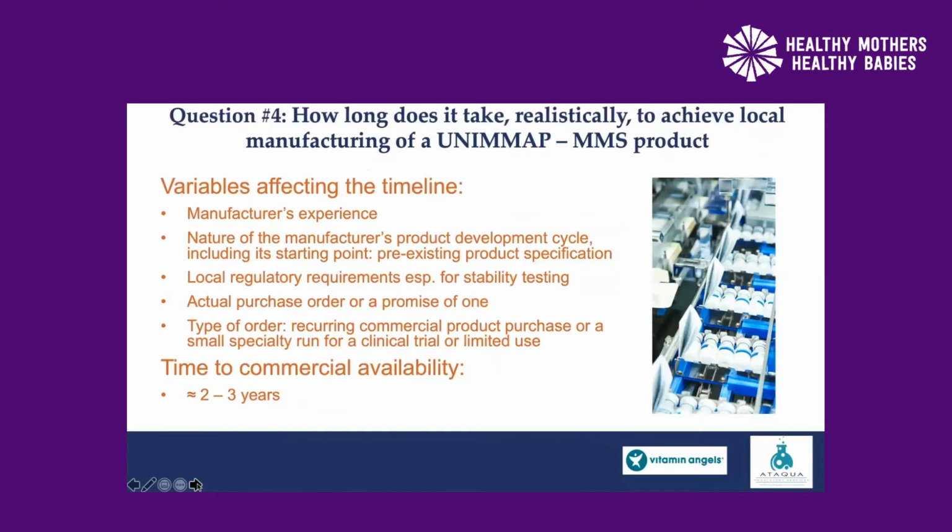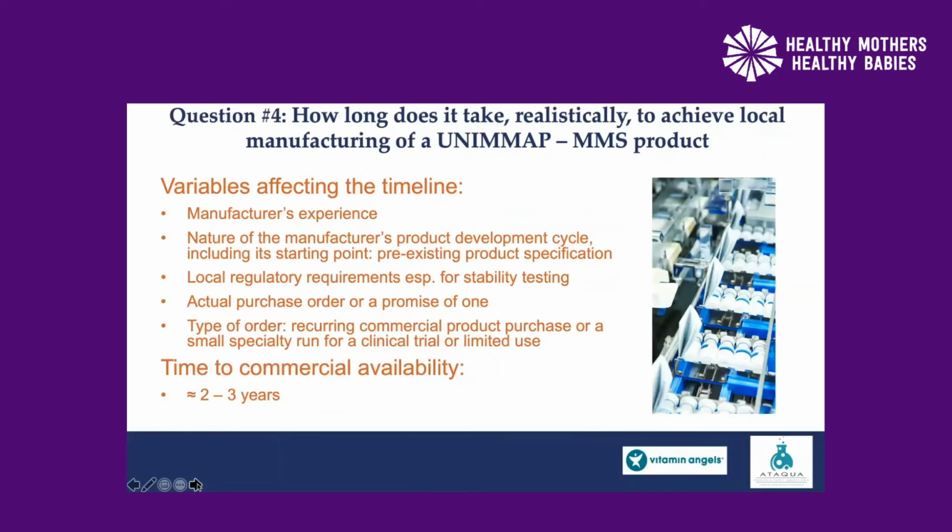For example, fulfilling a stability testing requirement to document a shelf life claim is one requirement among many that has a significant impact on the time to deliver a finished product. Another variable is whether the manufacturer is working from a purchase order or the promise of a purchase. Not unsurprisingly, manufacturers are more responsive when working against a purchase order, especially when upfront investment is required by the manufacturer for product development.